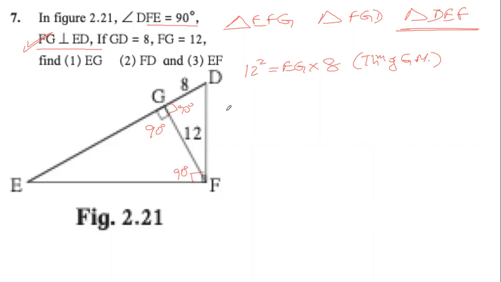Using simple arithmetic, we can find EG as 12 square by 8. Now, one way to solve this is 12 square is 144, and you divide 144 by 8.